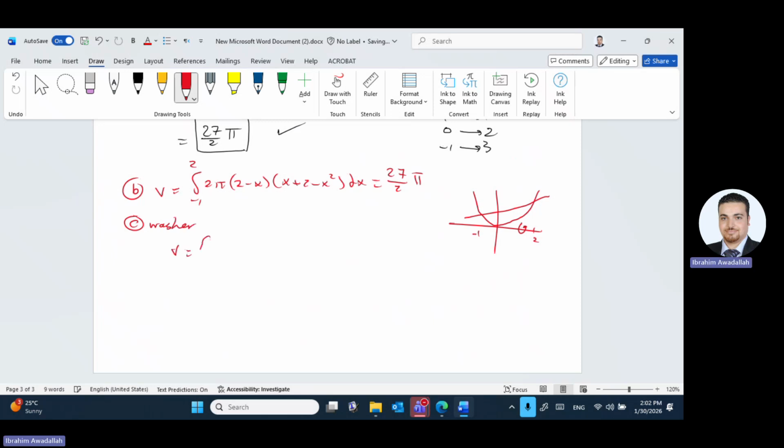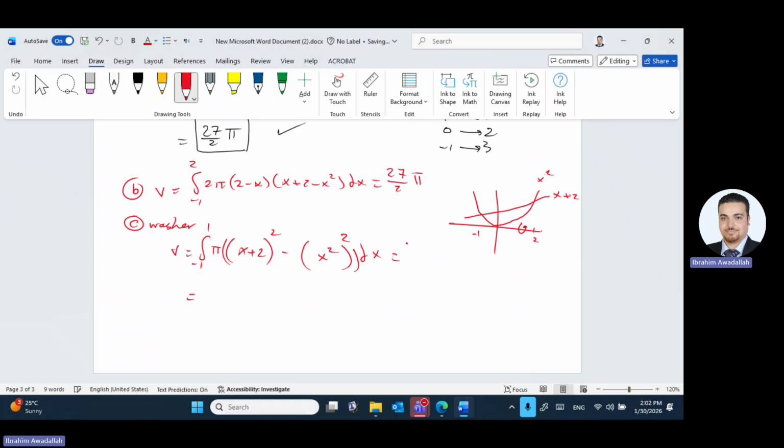V equals pi times the integration from -1 to 2 of upper squared minus lower squared dx. The upper function, we have it, this is x plus 2, this is x squared, so (x plus 2) squared minus (x squared) squared. This one in the calculator, and the answer should be 72/5.